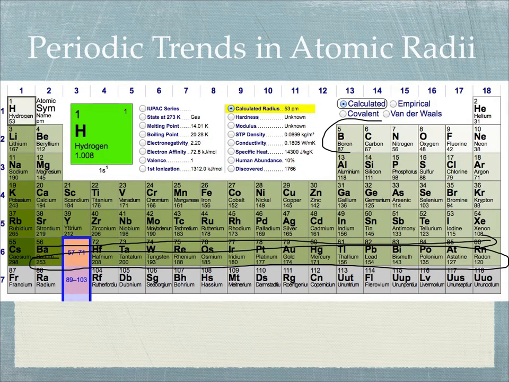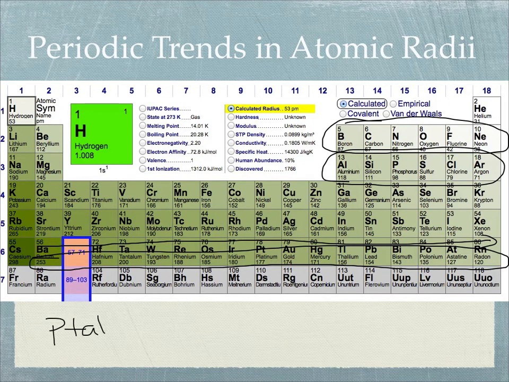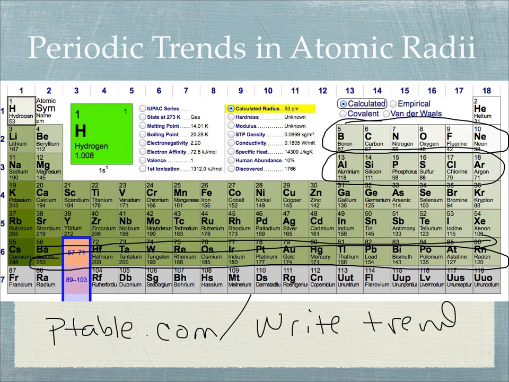You're better off coming up to the ones before the transition metals, because the transition metals kind of mess things up a little bit. So look what happens here as you're going across, and notice what's happening to your size. Once again, if you can't read it, go to ptable.com, but I want you to write what you think the trend is in your notes next to the slide.